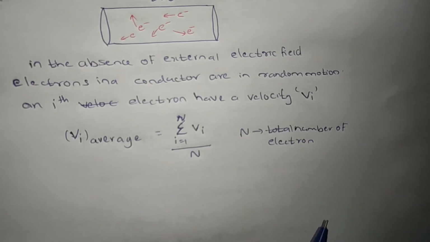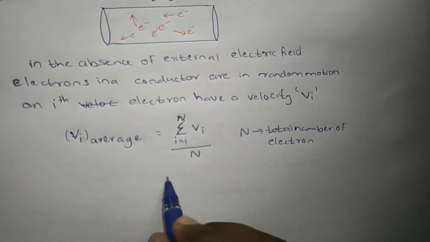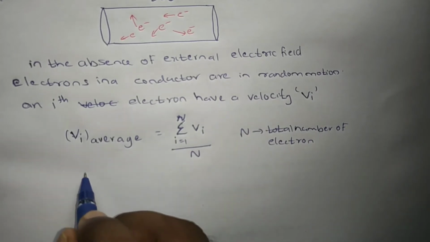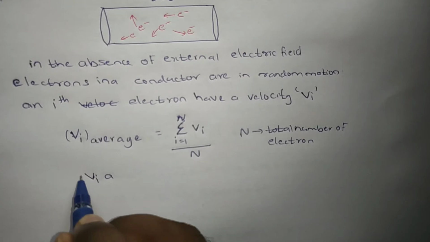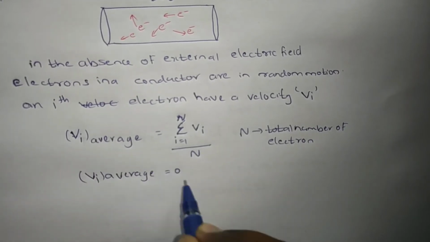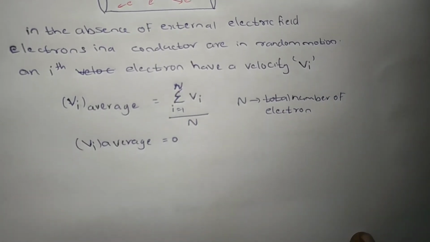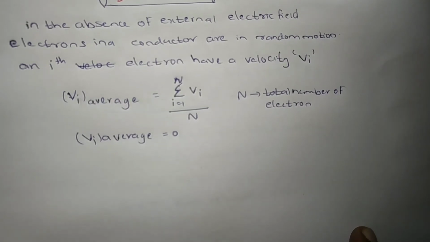So the net velocity is 0, and we get v average equal to 0. So in the absence of an external electric field, the average velocity of all the electrons is 0. Now we are going to apply an external electric field.